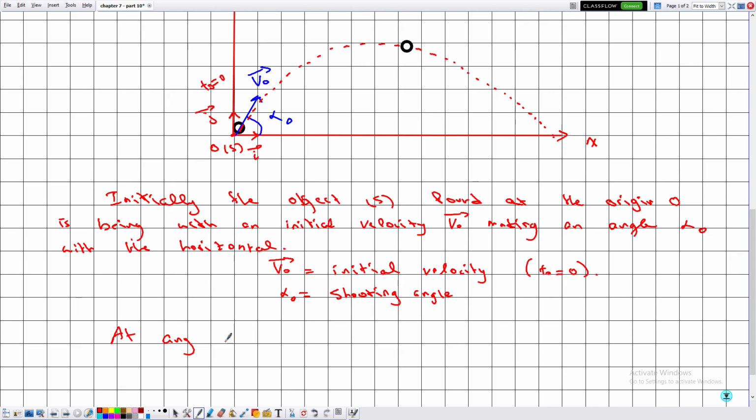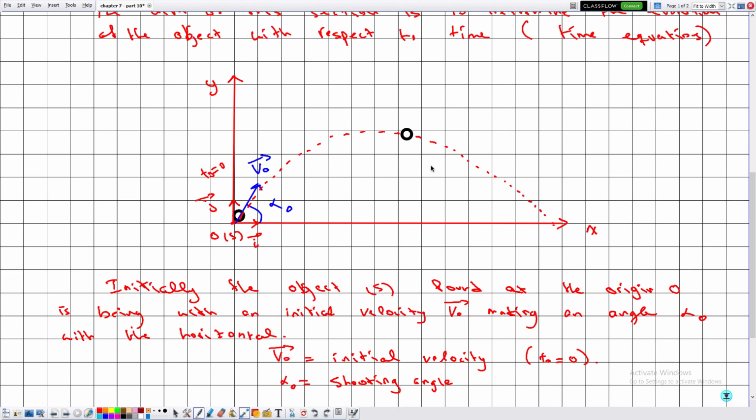At any instant t during the motion, whether t is equal to t0 or positive, S is subjected to its weight W vector. So this is the weight W acting vertically downward like this.